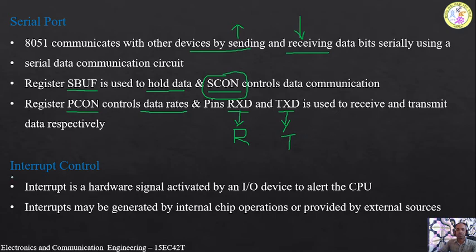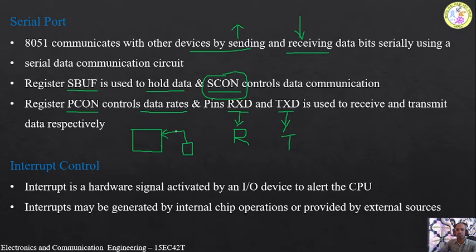And interrupt control. Interrupt is a hardware signal activated by an IO device to alert the CPU. Now for example, microcontroller is executing some programs. Now some external device, keyboard, mouse or printer, whatever it may be, wants to interact with the microcontroller.